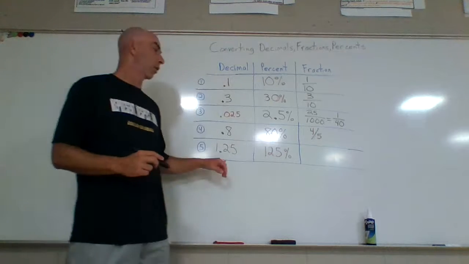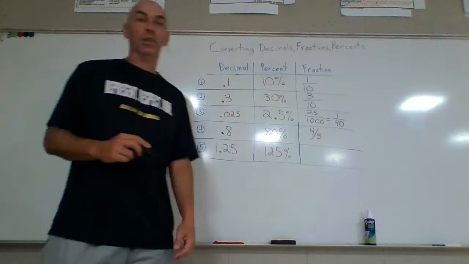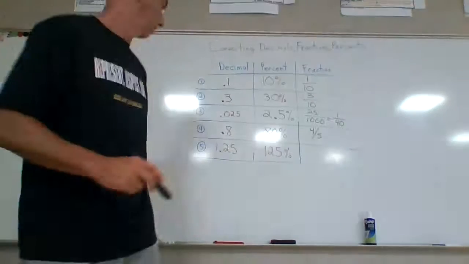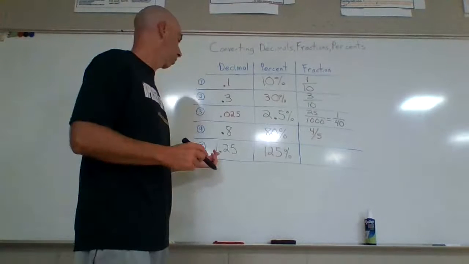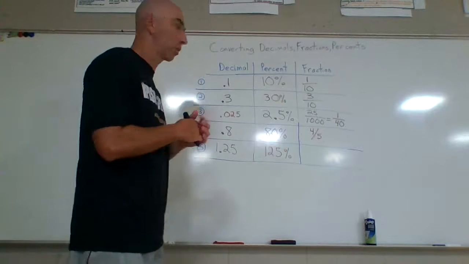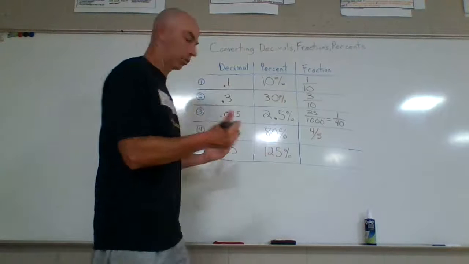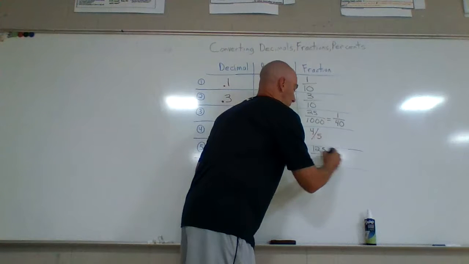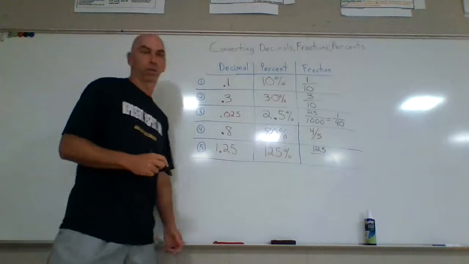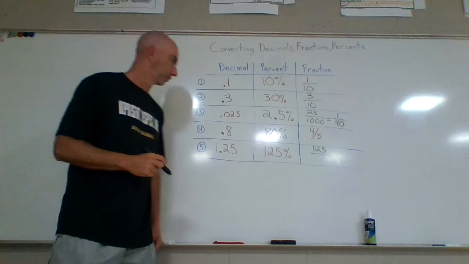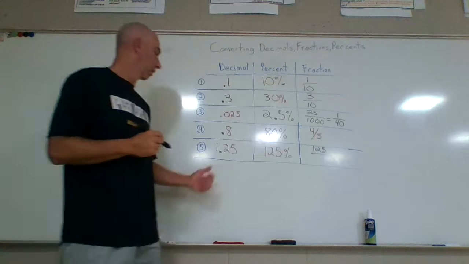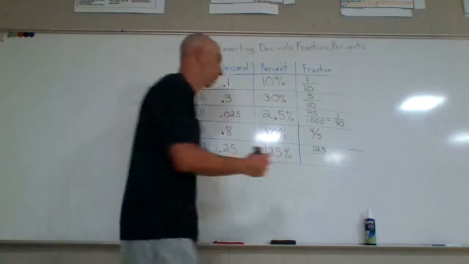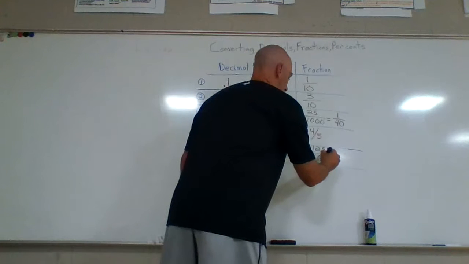So how are we going to do it in fraction form? 1.25 is still written with all the numbers in the numerator place, 125. But what place value is the last number 5 in? It's in the hundredths place. So there's your denominator.